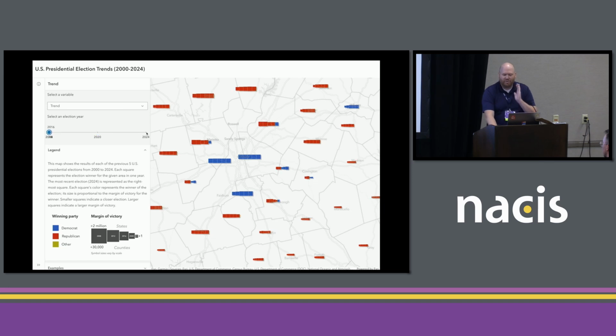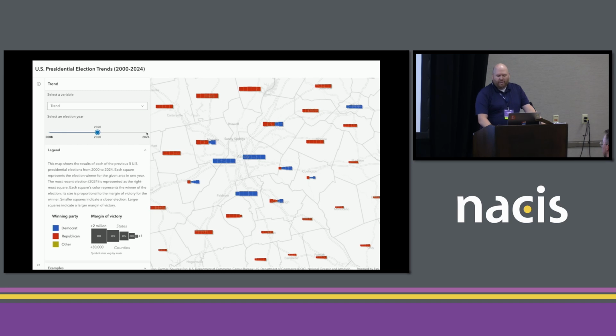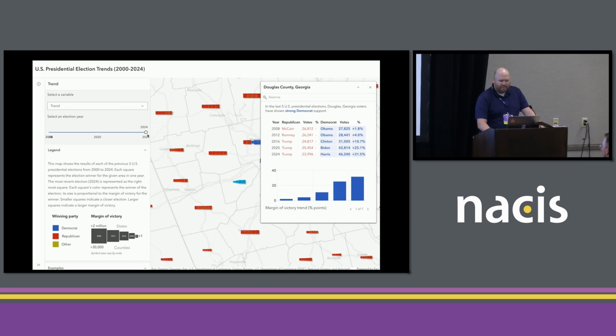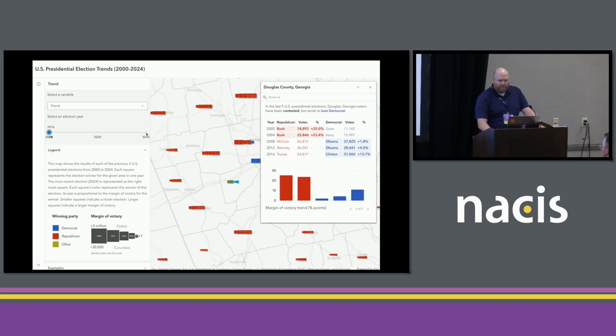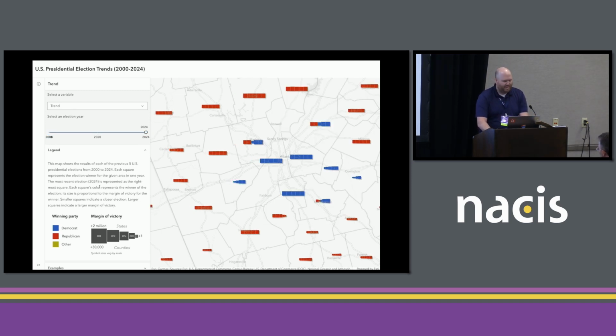You can see the movement of the trend line, but not overly overwhelming the end user with too many squares. So I can look at 2020 and the other elections in context. Douglas County is fascinating because it's very clear that it formerly voted Republican and then steadily grew to Democrat. So that's the application there.